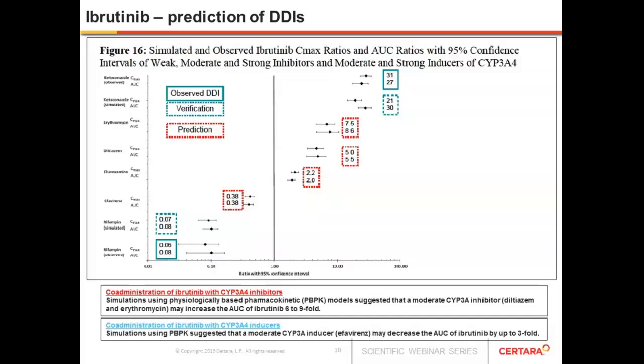Then they were able to fill in the gaps for weak, moderate, and strong inhibitors and moderate and strong inducers of 3A4. At the bottom, they came up with recommendations, and that went directly into the label in terms of what sort of dose adjustments should be made when co-administered with different inhibitors.